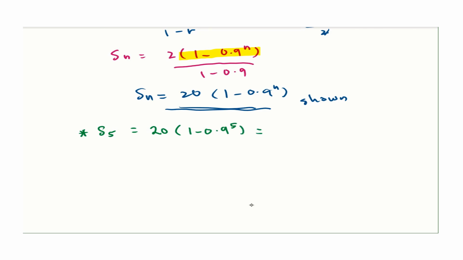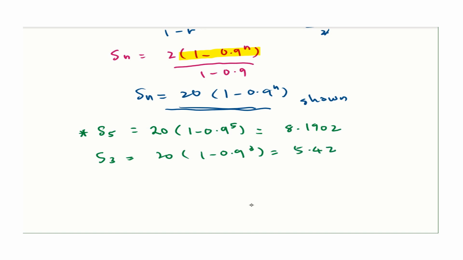And we calculate, we get 8.1902. Okay. Then do the same for S3. 20 multiplied by 1 minus 0.9 to the power 3, we get 5.42.